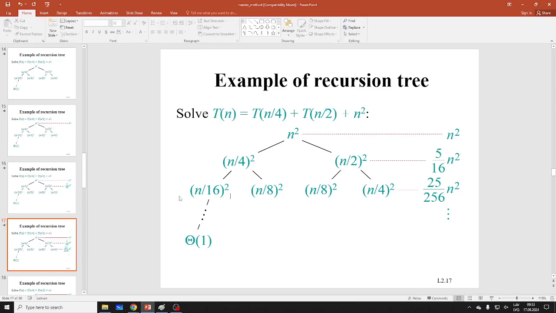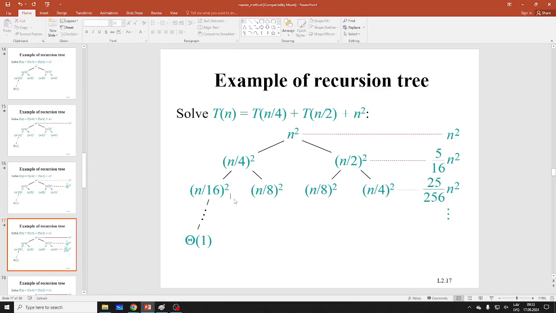So, I guess I'll do it on the table. We have 256, and you have 1/64 and 1/16.